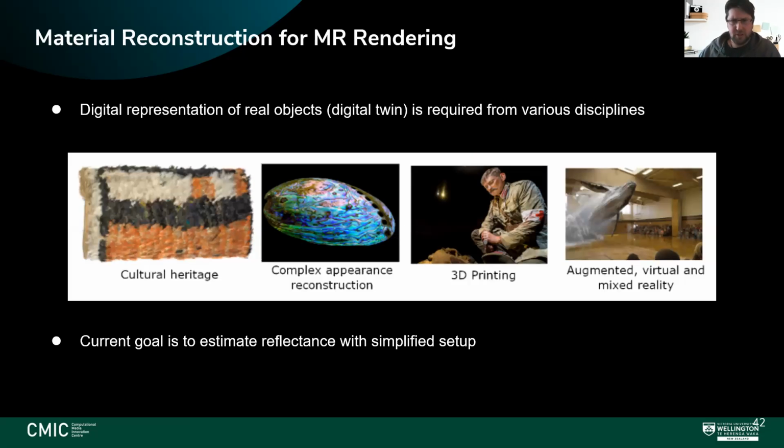We could also digitally preserve objects that are of importance. We could also do 3D printing with the correct materials and things like that. This is one of the research directions that we're going in. I won't go into details here, but it's an active direction at CMIC.